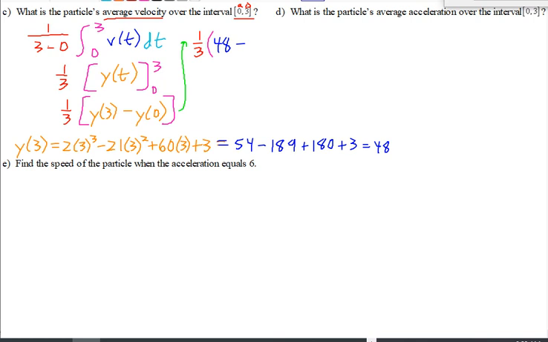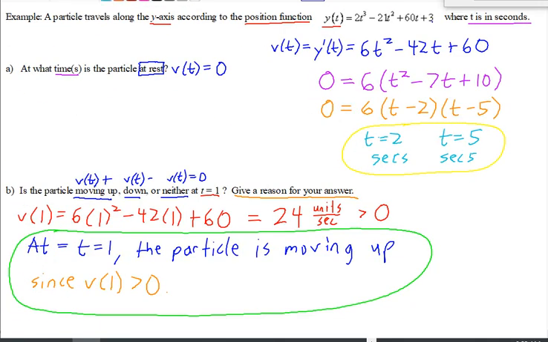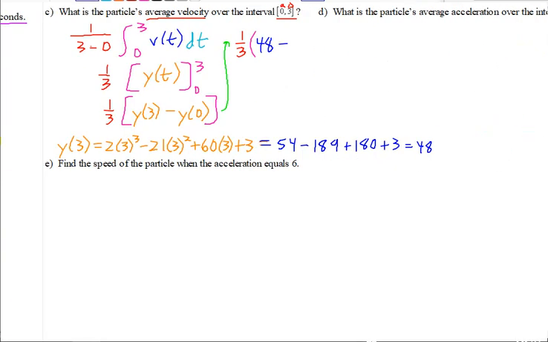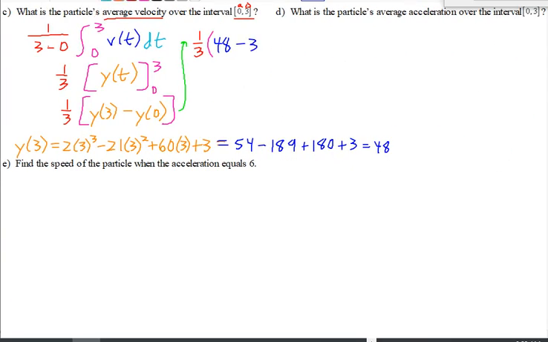Minus y of 0, that one's a lot easier to calculate because 0, when you substitute in, wipes out everything but the 3. So minus 3. So that's 1/3 times 45. And 3 goes into 45 15 times.